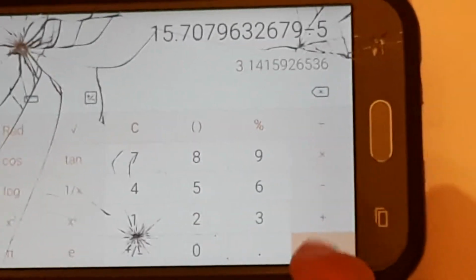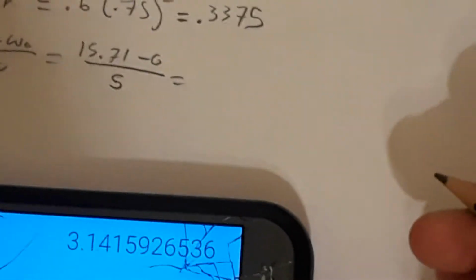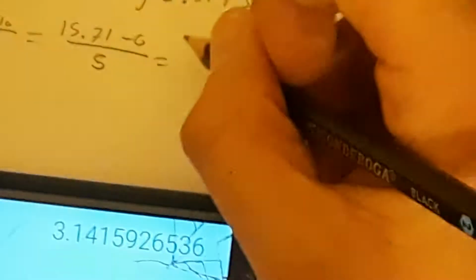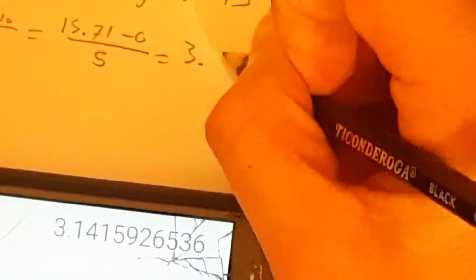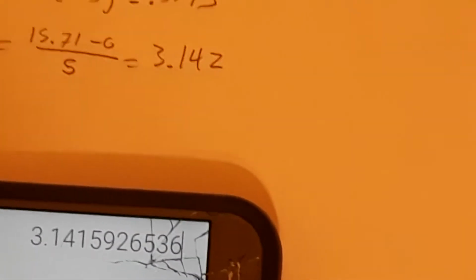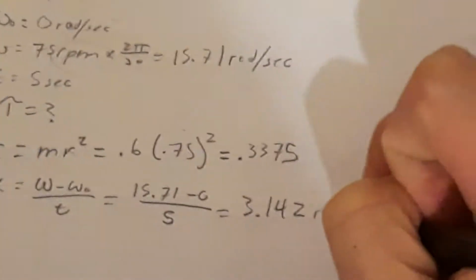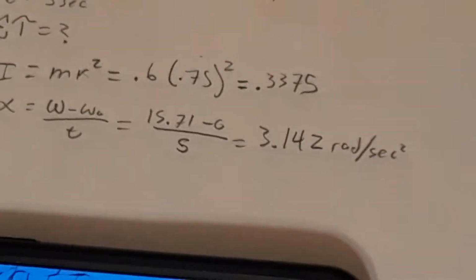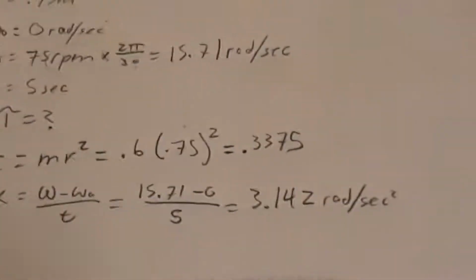Alright, and that will give me 3.14, pi. Oh, how nice. Pi. That's interesting. Radians per second squared.